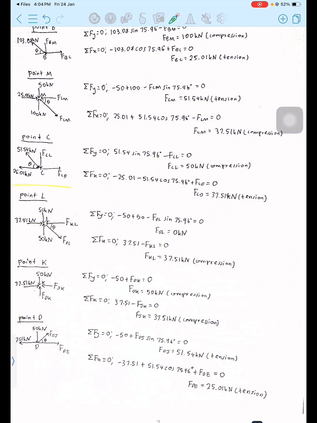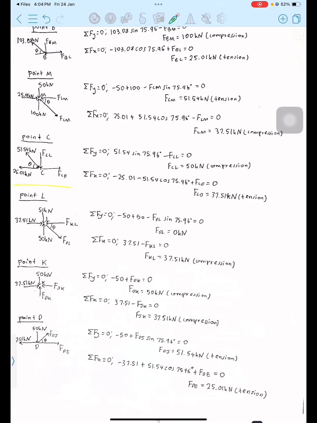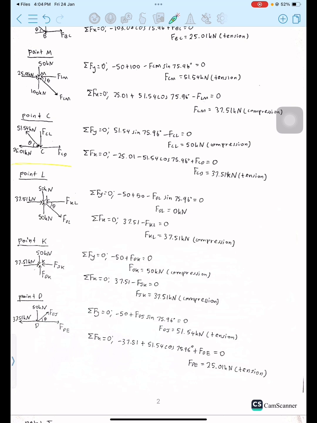Then we get FCL equal to 50 kilonewton, and it is compression, because the direction is towards point C. Then we find FCD, sum of Fx equals 0: minus 25.01 minus 51.54 cos 75.96 plus FCD equals 0. Then we get FCD equal to 37.51 kilonewton and tension, because the direction is going out from point C.